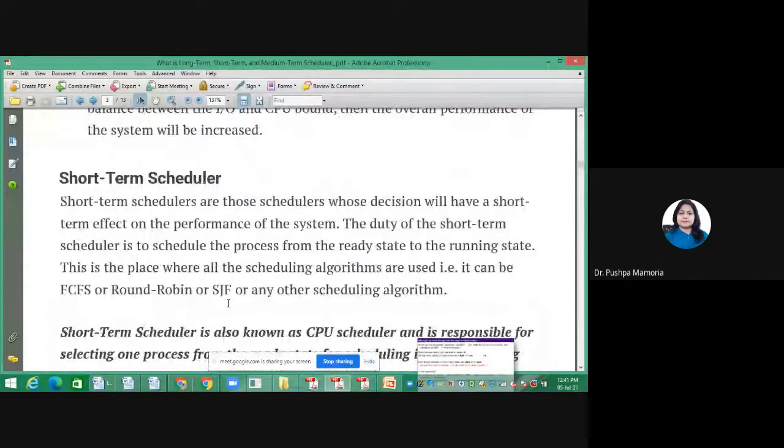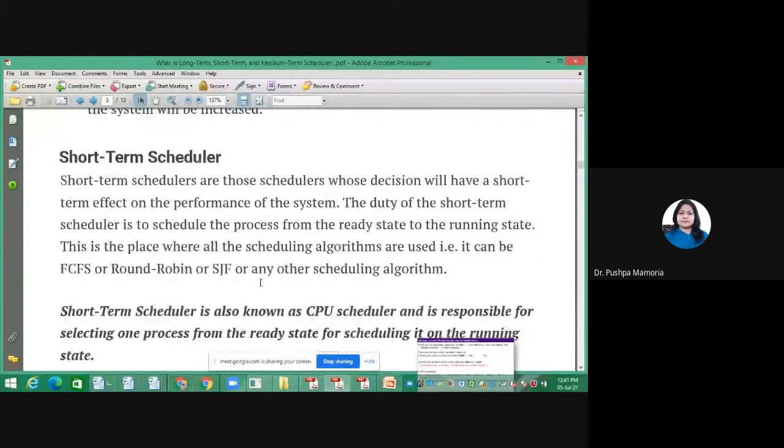Now after this, they are explaining the short-term scheduler. Short-term schedulers are those schedulers whose decisions will have a short-term effect on the performance of the system. Right? This is also known as the CPU scheduler and is responsible for selecting one process from the ready state for scheduling it on the running state.